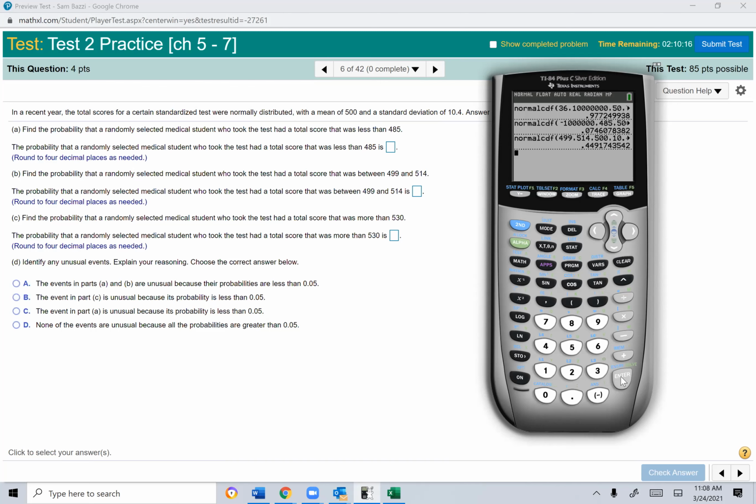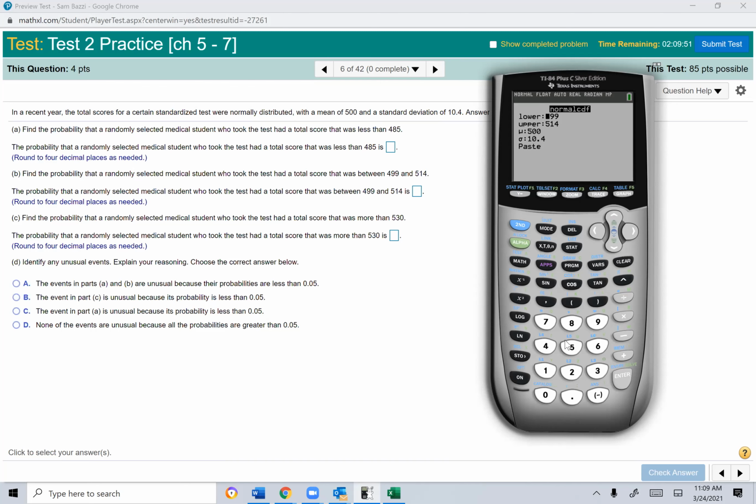So we did less than, between, now it's going to be more than 530. Okay, so how do you do more than 530? Can a student tell me here? Clear, second, variable, normal CDF. Okay, more than 530.